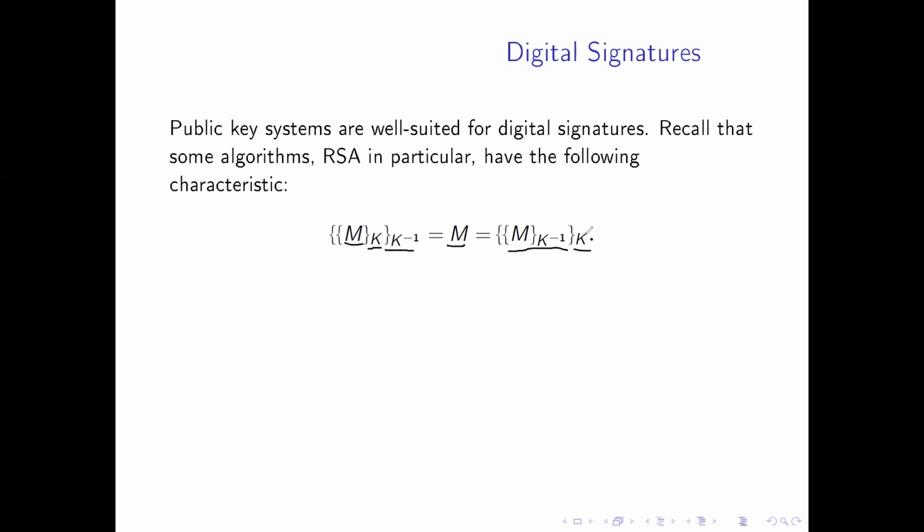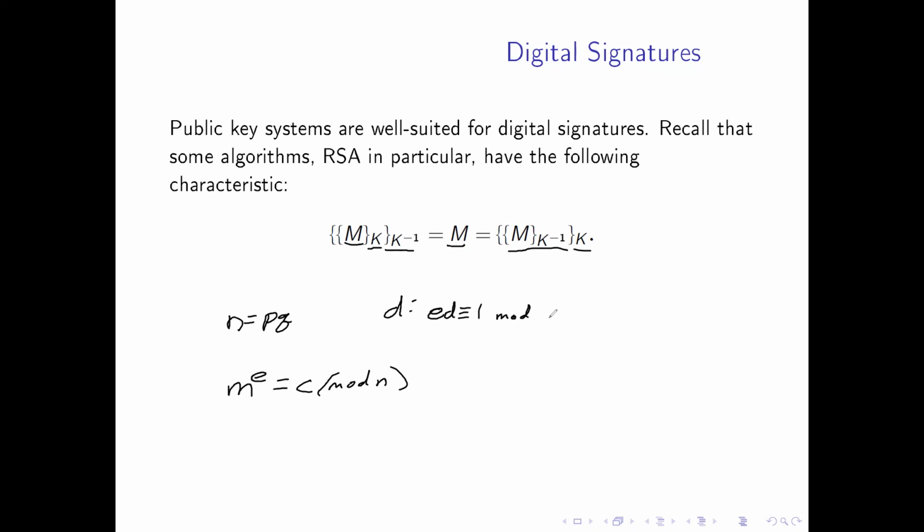In RSA, we had some N, which was equal to P times Q, two prime numbers. And we took our message and we raised it to an E power. And that would give us our ciphertext, mod N. Our D value was a value such that ED was congruent to 1 mod.